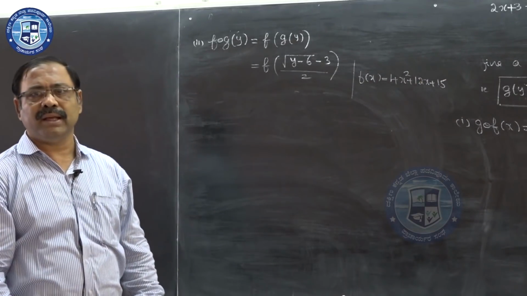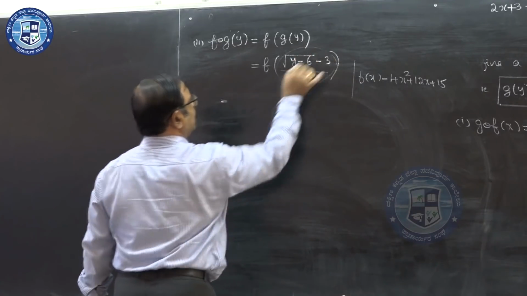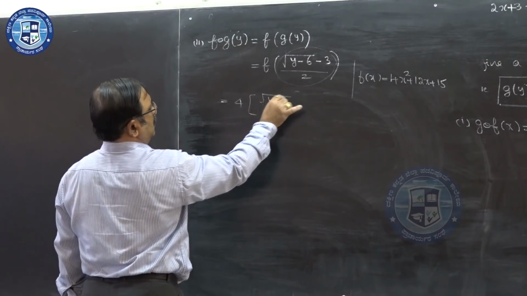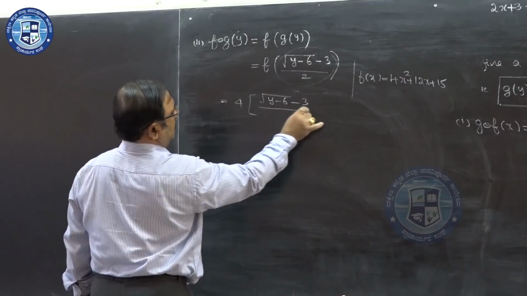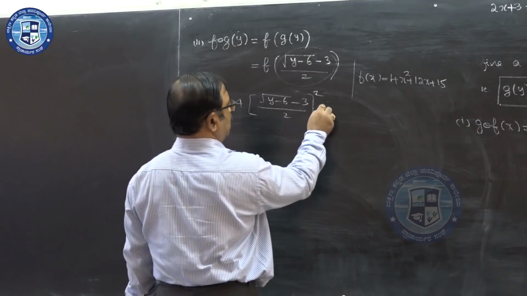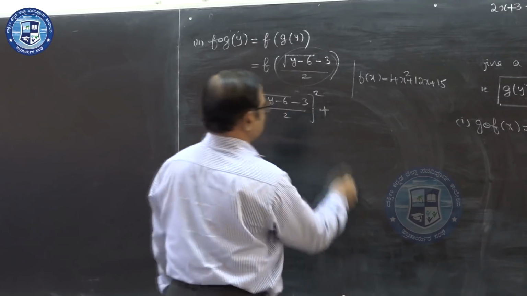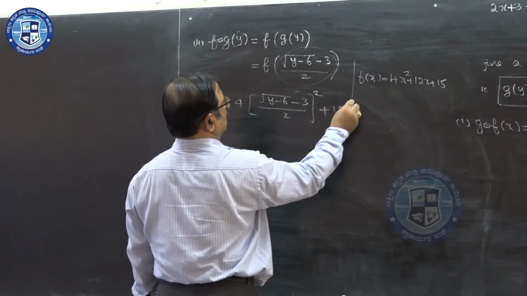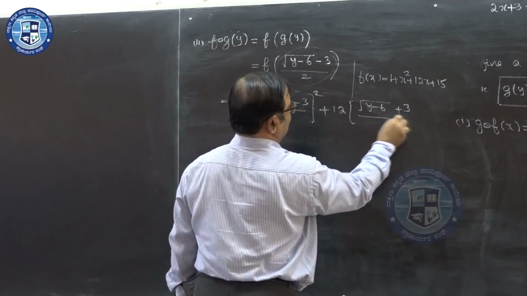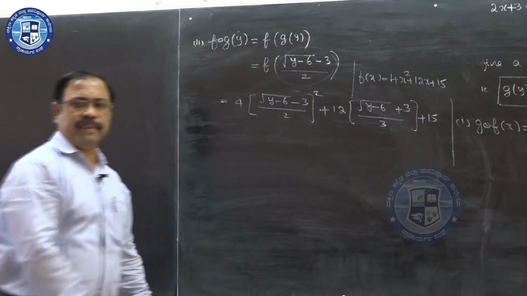Agree with me? Now this is nothing but, see, this is totally x. 4x square. What is that? Y minus 6, minus 3 by 2, the whole square. Then plus 12x, 12 into root of y minus 6, minus 3 by 2, plus 15.